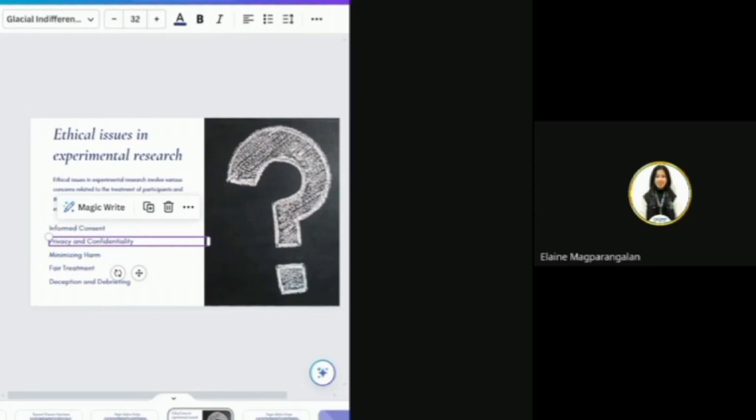encourages honest responses and prevents the potential for harm or embarrassment if sensitive information were to be disclosed. Just like in informed consent, we can build trust between a participant and me, or with you, the researchers.